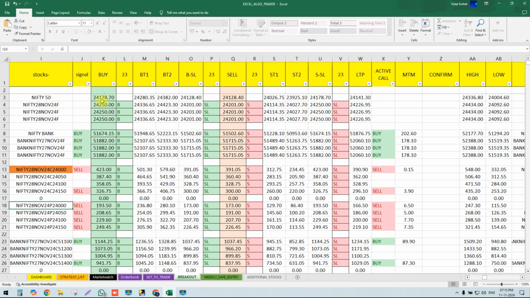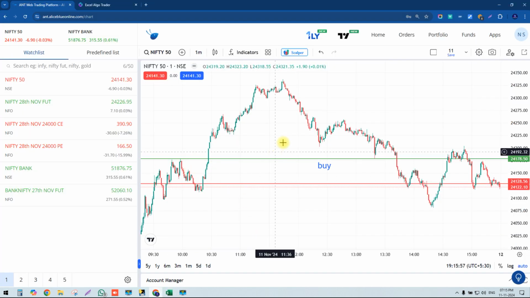The buy level was generated here at 24,178, and the sell level at 24,128. You can see the buy and sell levels here. We'll compare this to the candle chart in our Alice Blue broking terminal.